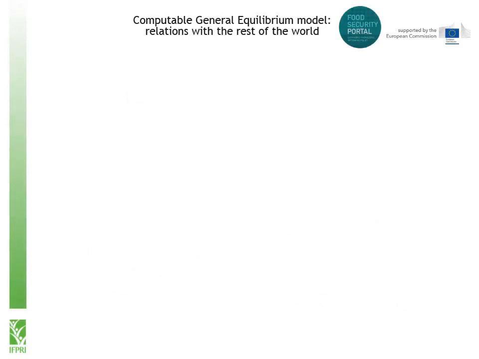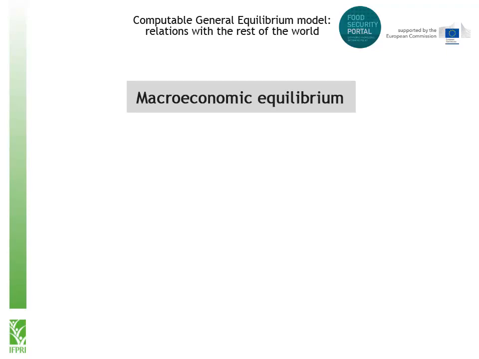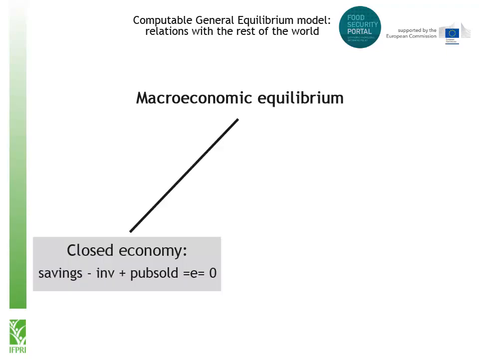Now we have to understand how trade relation with the rest of the world modify the macroeconomic equilibrium. I remind you that in the last Computable General Equilibrium Model, we expressed a macroeconomic equilibrium, but it was a relation characterizing a closed economy. And it was savings minus investment plus public sold is equal to 0. And so savings, it's private savings.